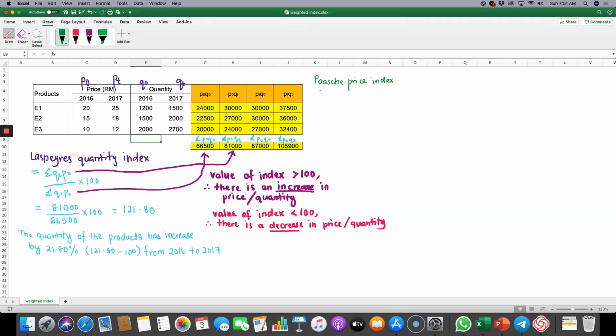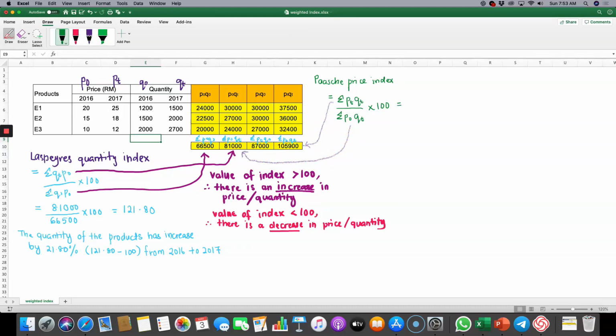The next part, we need to calculate the Paasche price index. The formula is the summation of price at the current year times quantity at the current year divided by the summation of price at the base year times quantity at the current year, times 100. For the numerator, the information will be obtained here, while for the denominator, the information is here.